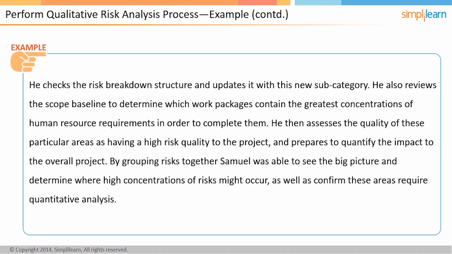By grouping risks together, Samuel was able to see the big picture and determine where high concentrations of risks might occur, as well as confirm these areas require quantitative analysis. In the next screen, we will discuss the output of this process, that is, project documents updates.